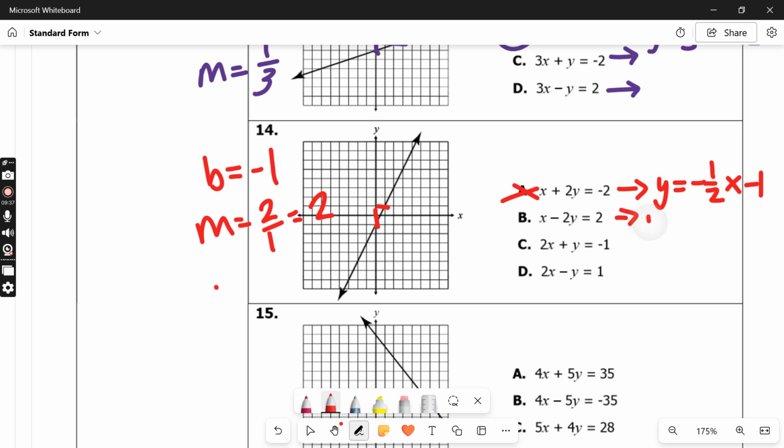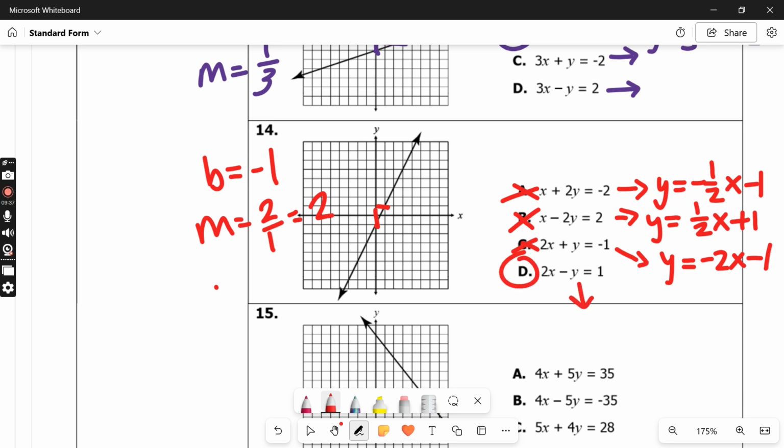This one would be y equals positive 1/2 x plus 1. So not quite what we're looking for. This one would be y equals negative 2x minus 1. So not quite what we're looking for. So that tells us the answer is D, which is y equals 2x minus 1.